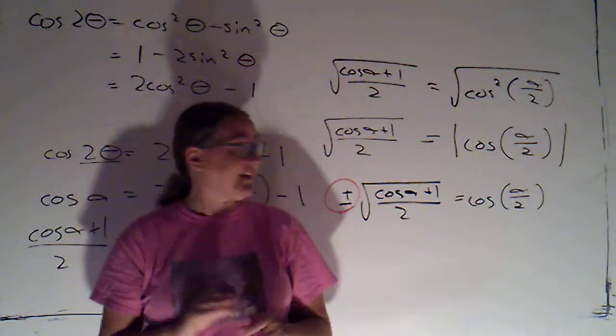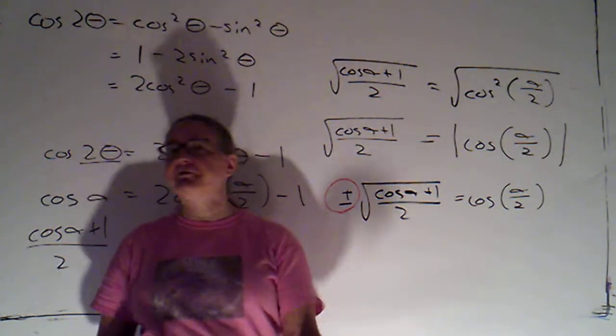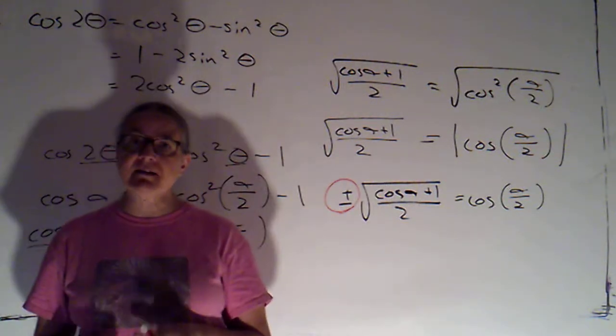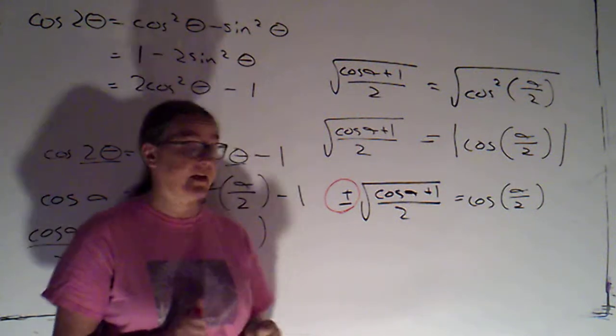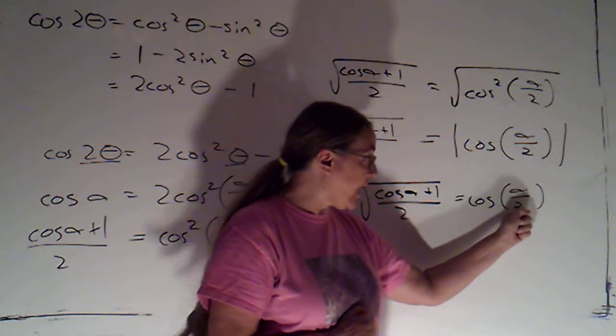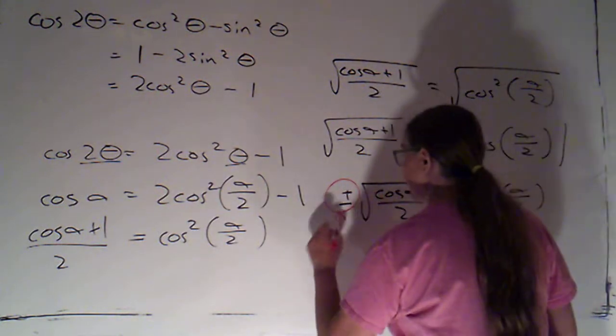So it's important that we recognize that it's not just both plus and minus. It can't be two different things, because cosine is a well-defined function. And it's not that you get to just flip a coin and decide which one you're going to make it. The plus or minus sign is always going to be determined by the quadrant that we're in. Okay. Here, we're talking about taking cosine of alpha over 2. So whatever quadrant alpha over 2 ends up in, that's going to determine the sign.